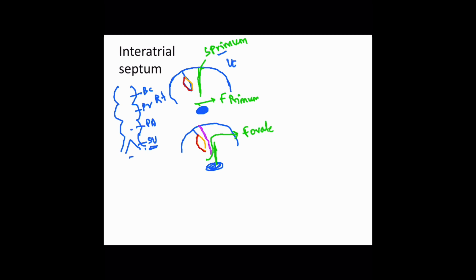This foramen ovale is very important because it maintains the flow of blood from right atrium to the left atrium, since the lungs are unfunctional. Okay, so now it maintains unidirectional flow. The blood cannot flow from left atrium to the right atrium. So this is maintenance of the unidirectional flow from foramen ovale.